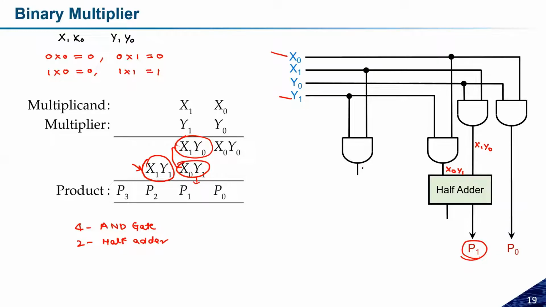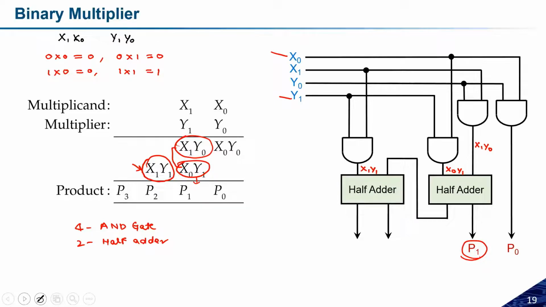At this point I will get x1 y1. This term and the carry which was generated over here will be added, and we need one more half adder for this purpose. So one half adder will be required, and this carry will be added with the x1 y1. The results we get will be p2 and p3.